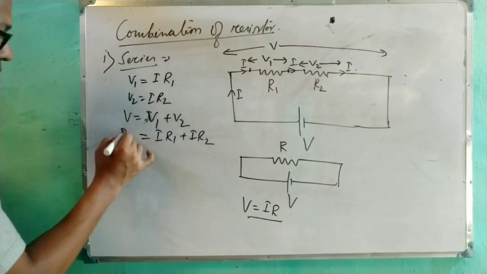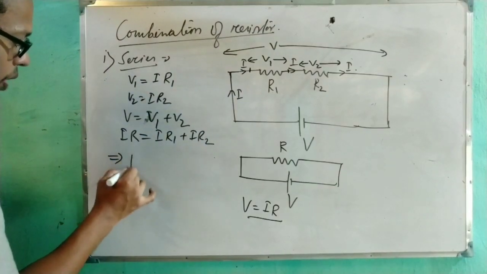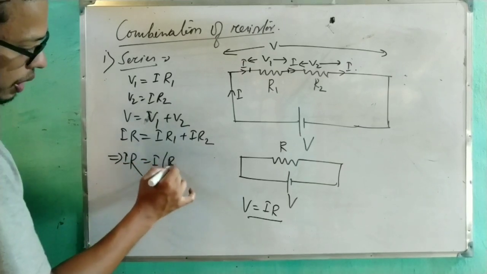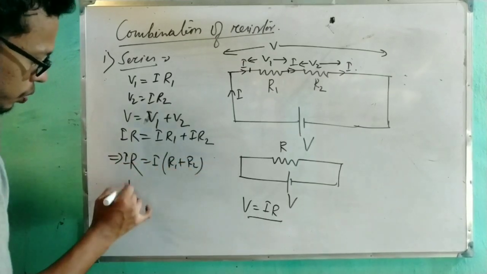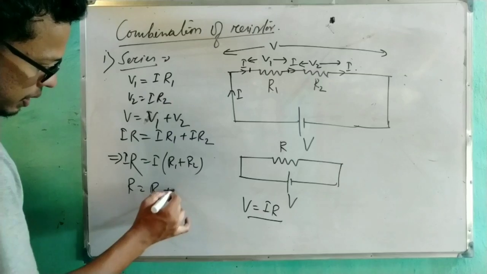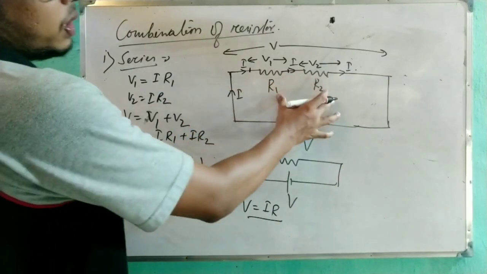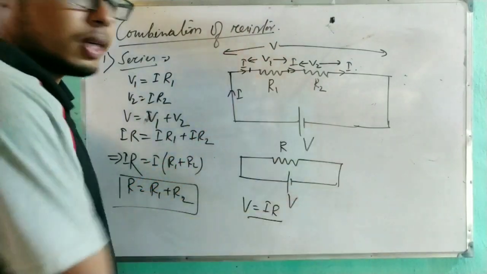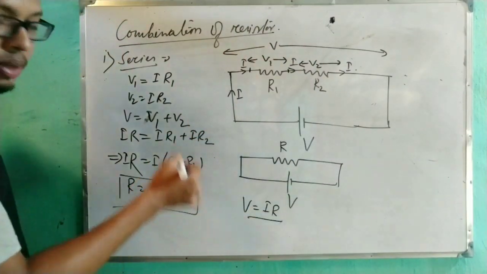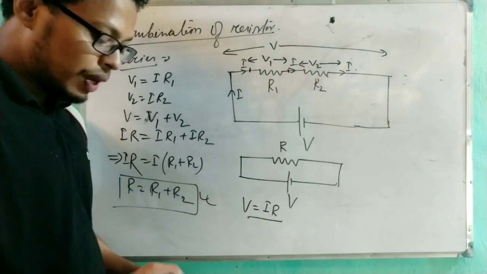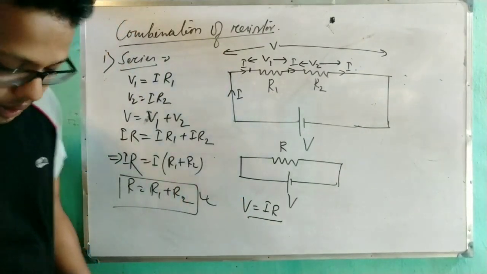So this IR equals, taking I common, I into R1 plus R2. So R equals R1 plus R2. Here I have taken two resistors, but you can take 3, 4, 5, 6, whatever. Then R1 plus R2 plus R3 plus up to Rn. This is the equivalent resistance for series connections.